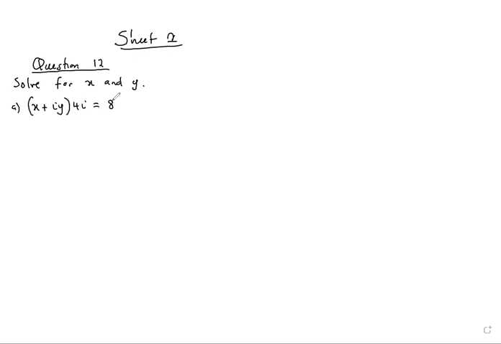Now, just to remind you, if z1 is equal to z2, we say that z1 is equal to a plus bi, z2 is equal to x plus yi, then z1 is equal to z2 if and only if a is equal to x, b is equal to y.